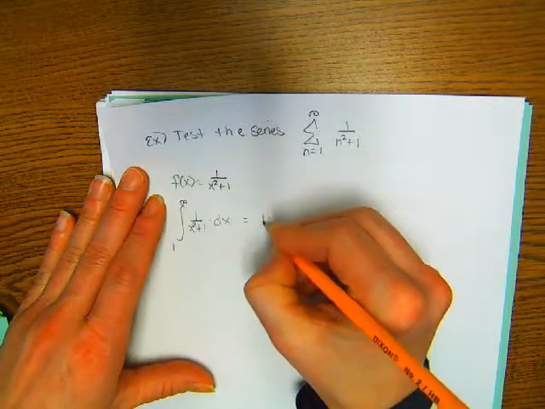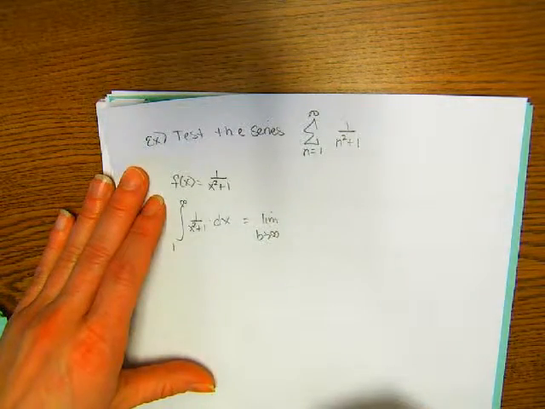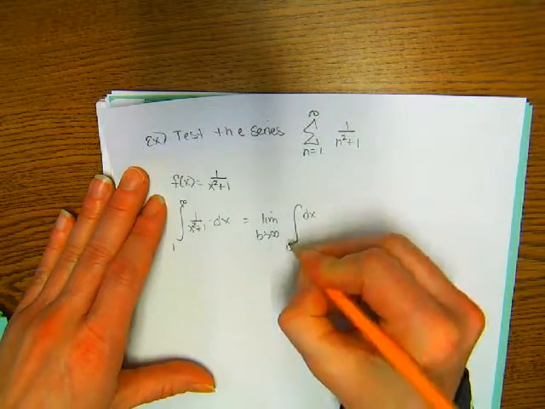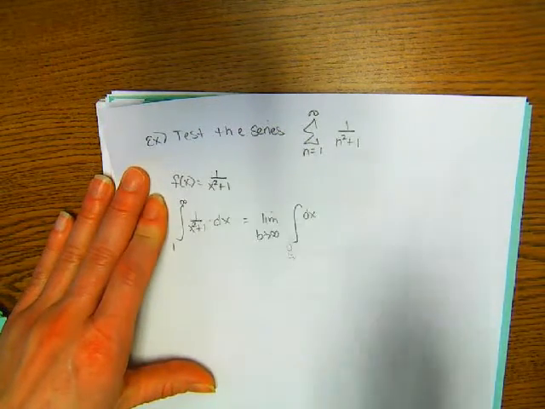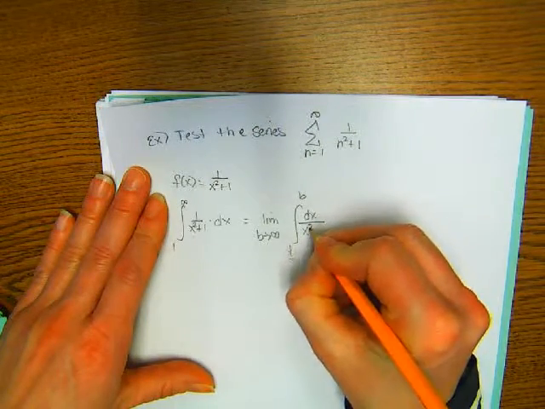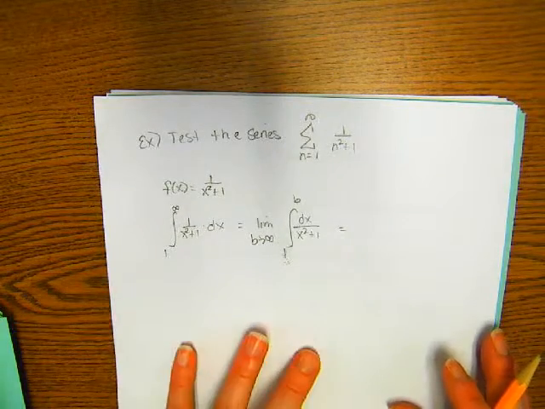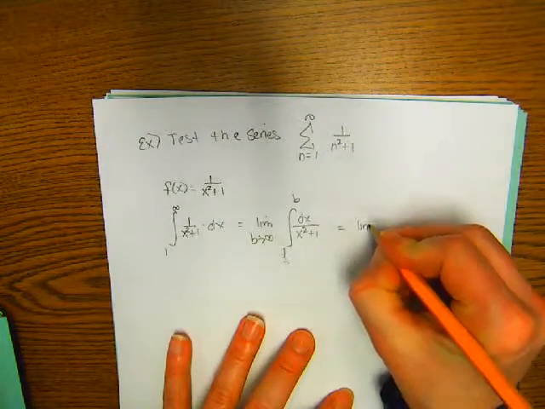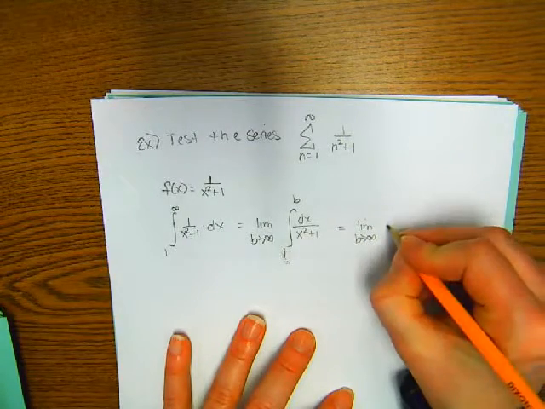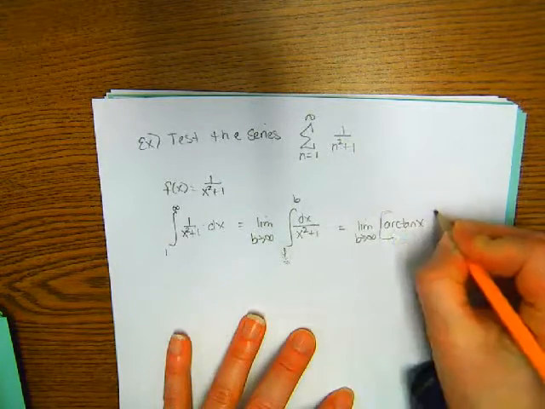And I can write that as the limit as b goes to infinity of that integral. And of course, the integral of that is arctangent, so this is the limit as b goes to infinity of arctan of x.